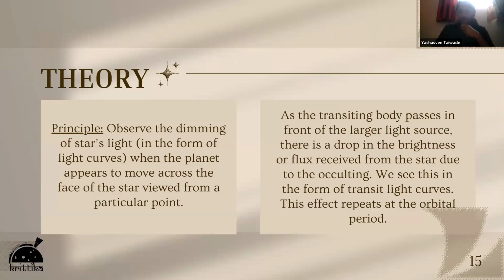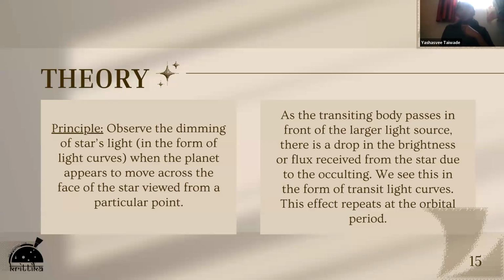We take in the star's light in the form of light curves. When this planet appears to move across the face of the star, the light seems to have decreased since some of the light which we are receiving is blocked by the planet. So this light is decreased, and we thus find out whether an exoplanet is there or not.